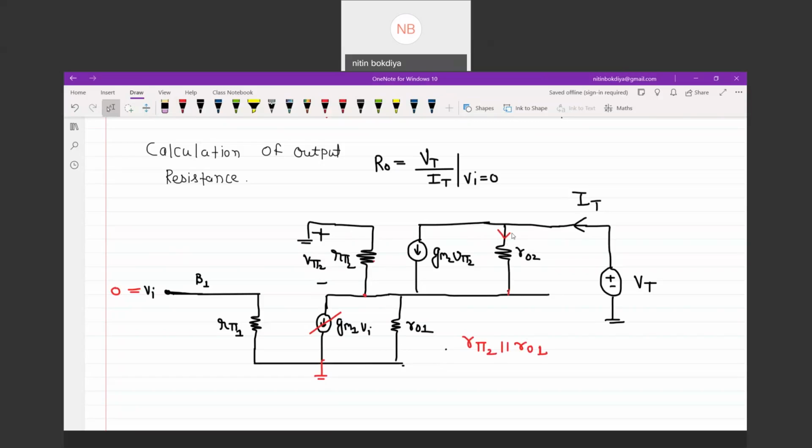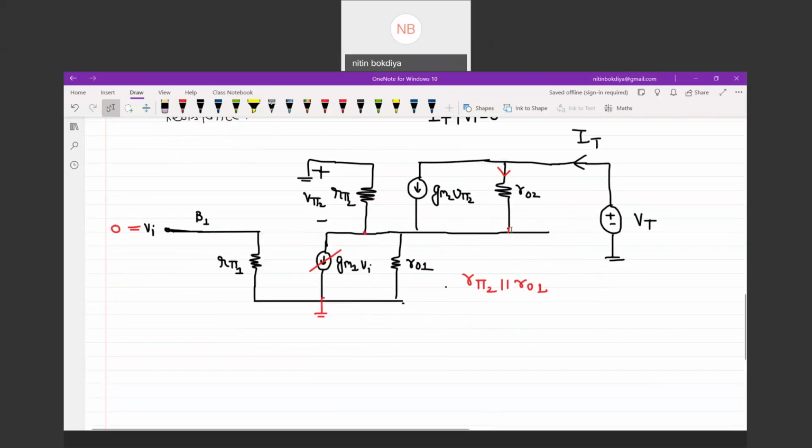So what is the value of this current? जरा निकालते हैं हम. Let's apply the KVL in the given circuit. Here the current is, let's say, I test minus GM2 into V pi 2. अरे टोटल इनकमिंग करंट है IT, IT में से GM2 into V pi 2 गया तो यहाँ कितना जाएगा, IT minus GM2 into V pi 2.